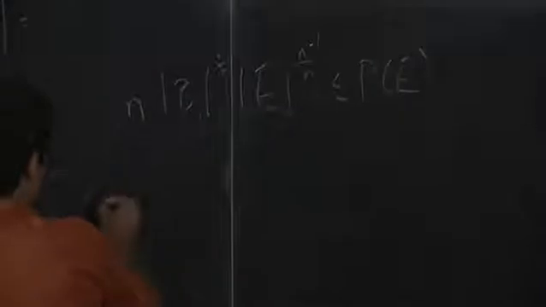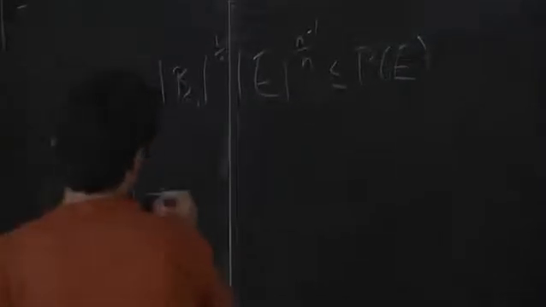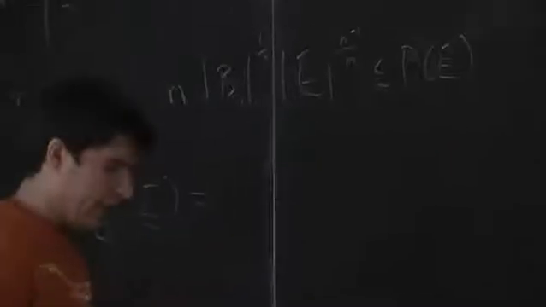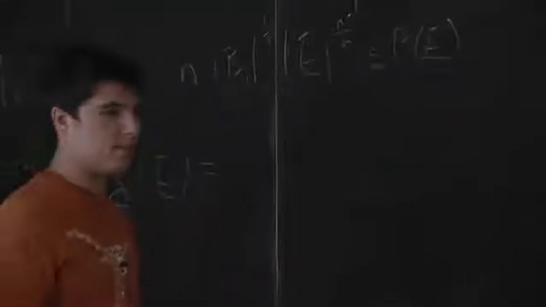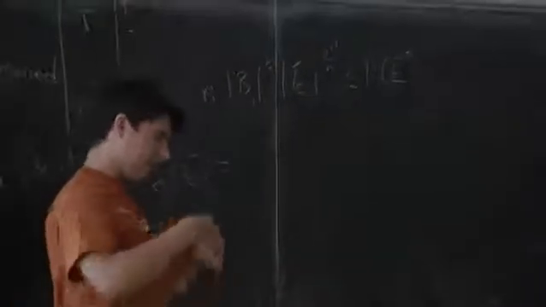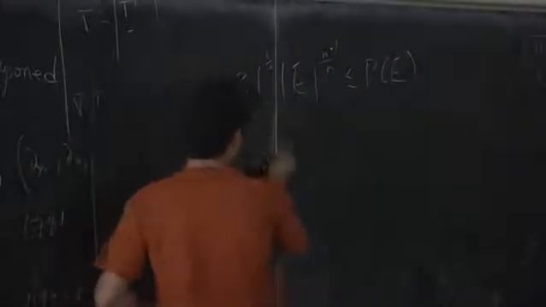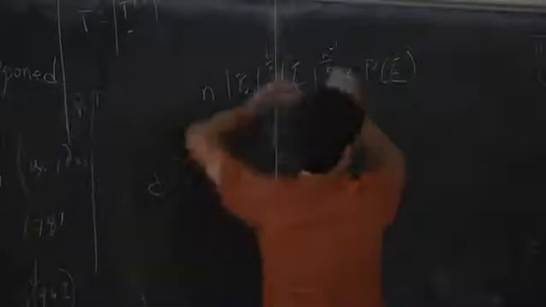define delta of E. So define delta to be a functional on sets. So its domain is sets. It takes in a set, and then it spits out a number. Okay? So in this case, which number is it going to spit out? What we're going to do is take this inequality and divide by the left-hand side.